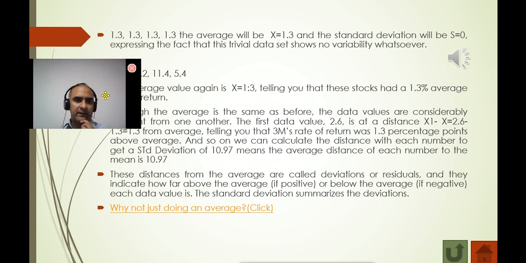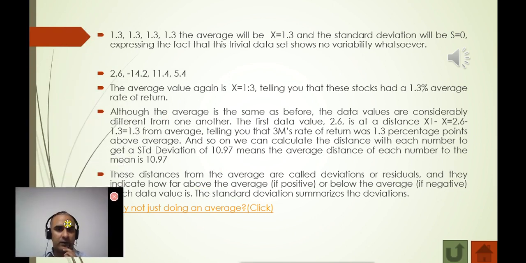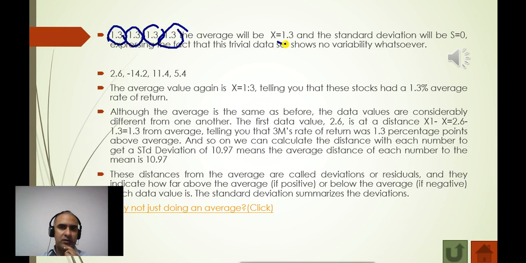Let me fly down to the bottom, because otherwise you cannot see. In this case we have the numbers 1.3, 1.3, 1.3, and 1.3. What is the average? 1.3. So the standard deviation is going to be 0. Why?